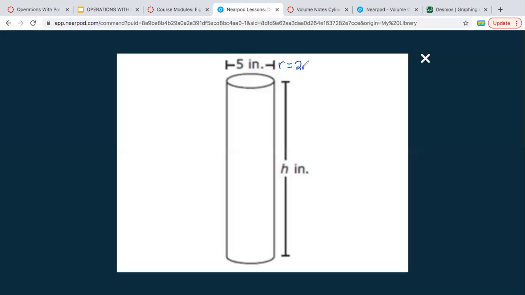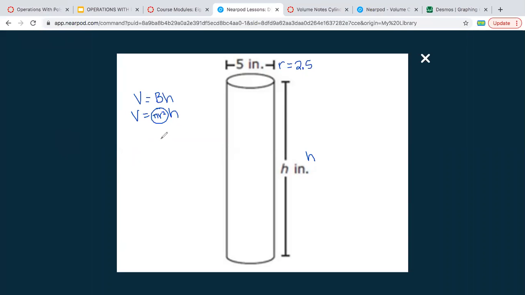So the radius is 2.5. And the height, they just have it labeled as H. So we're just going to keep it as H. Then I'm going to write out my formula. V equals capital B times H. Capital B is the area of the base, which is a circle. The area of a circle is pi r squared.